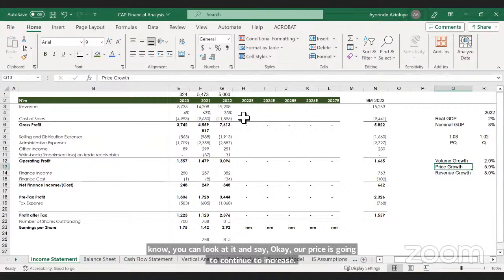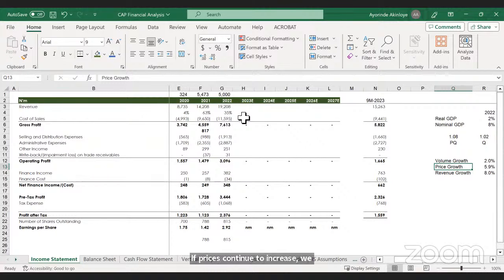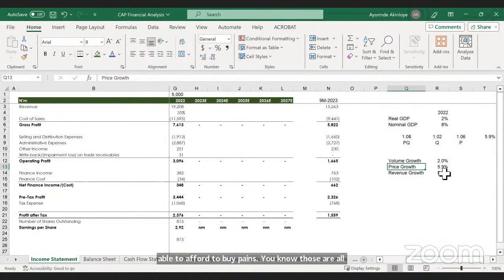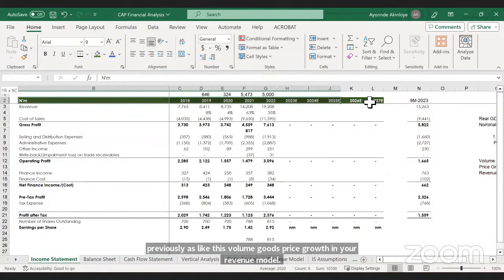If they do, will consumers still be able to afford to buy paint? Those are things you have to factor. So you extrapolate for previous years like this, volume growth and price growth in your revenue model. So what you just do is copy this.